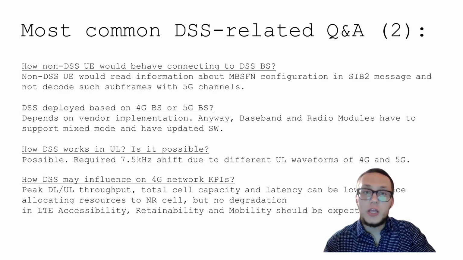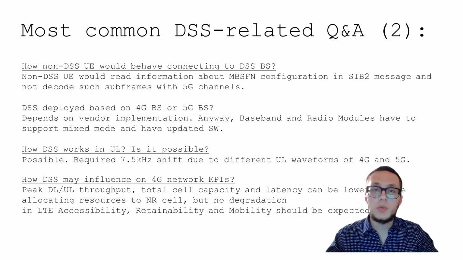But in general cases, there is no degradation in LTE accessibility, retainability, and mobility. If everything is okay, if cell reference signals of the 4G cell are not colliding with any other signals, if it works fine and is tuned fine, I think we should not expect any degradation in accessibility, mobility, and retainability.